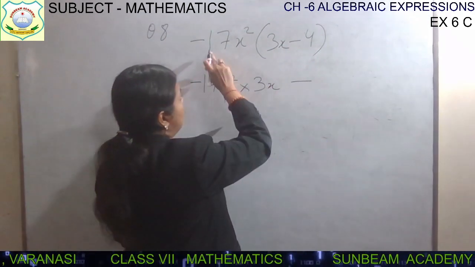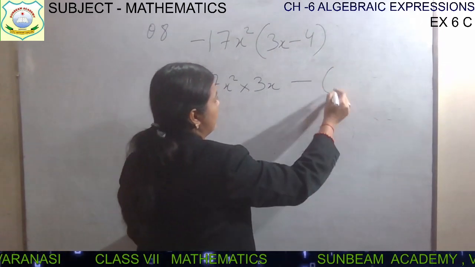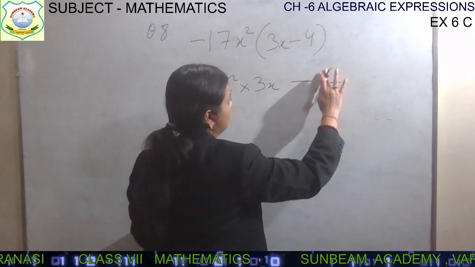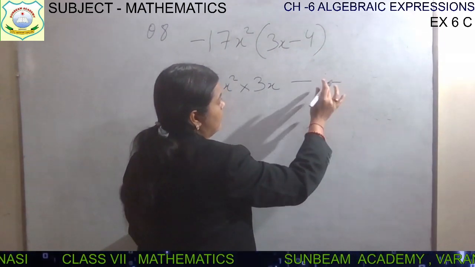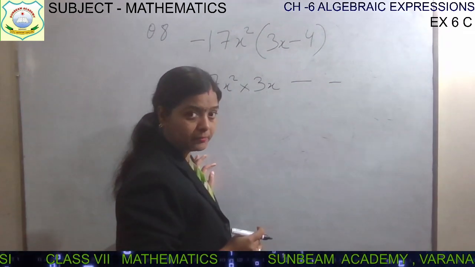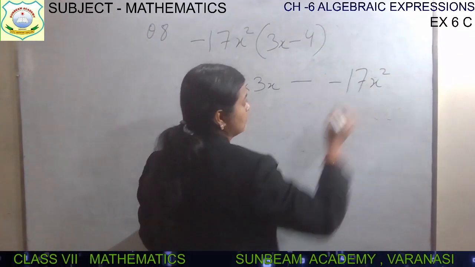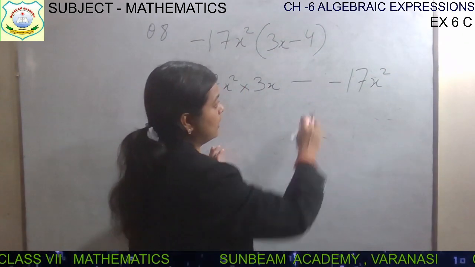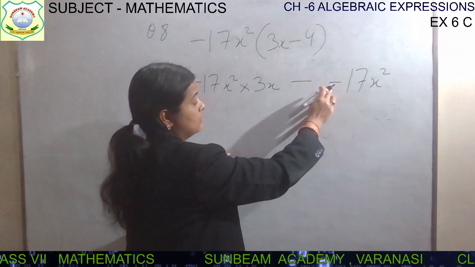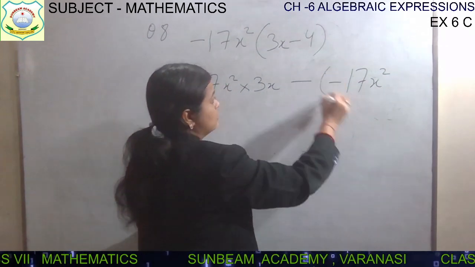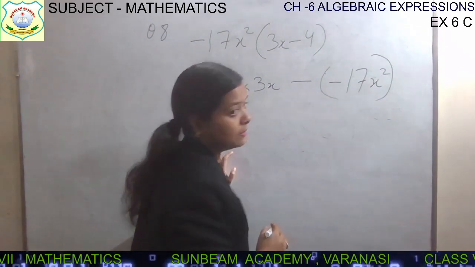Minus, and then again minus 17x square. Now keep it in a bracket, because you cannot write the signs side by side. If you write it like that, it will be wrong, isn't it? So you can't write number signs side by side, and because of this you have to keep it in a bracket.